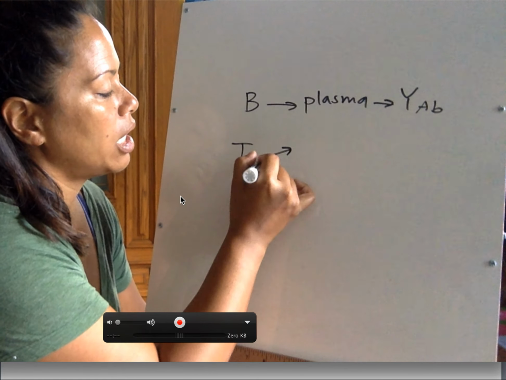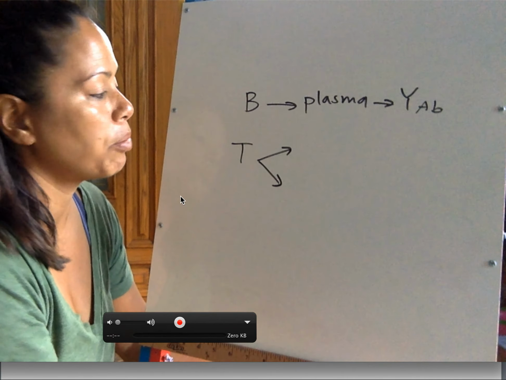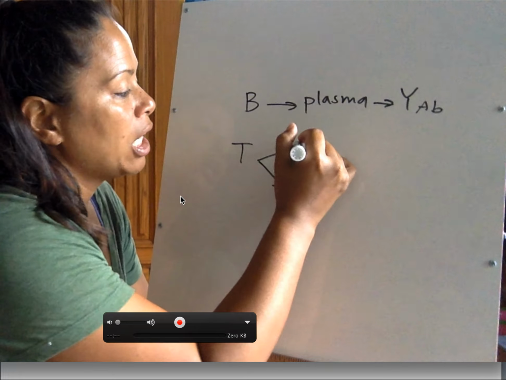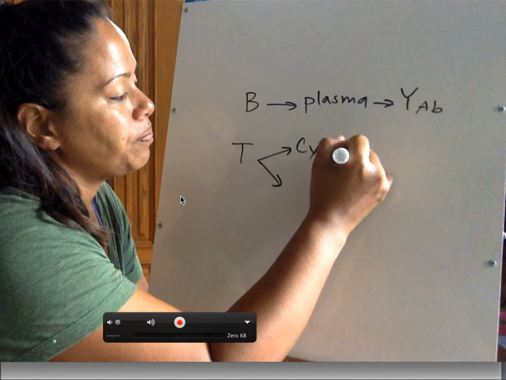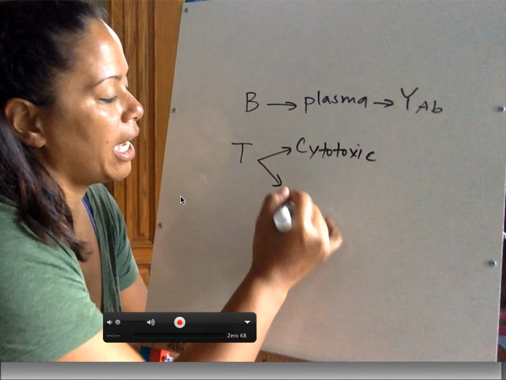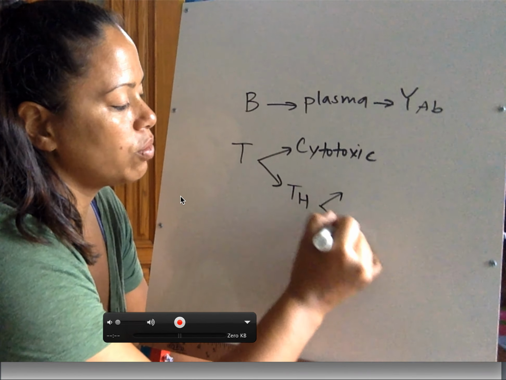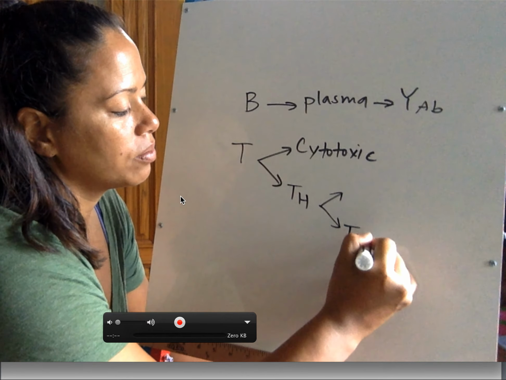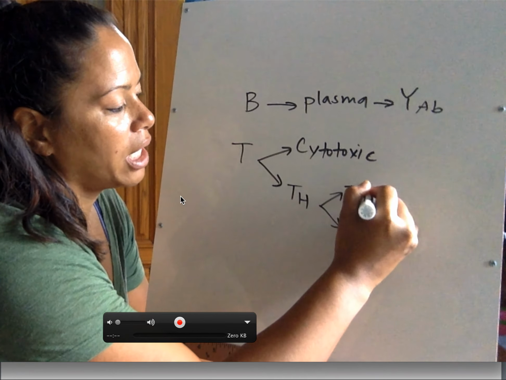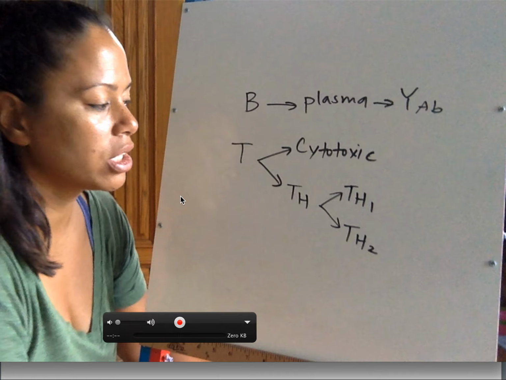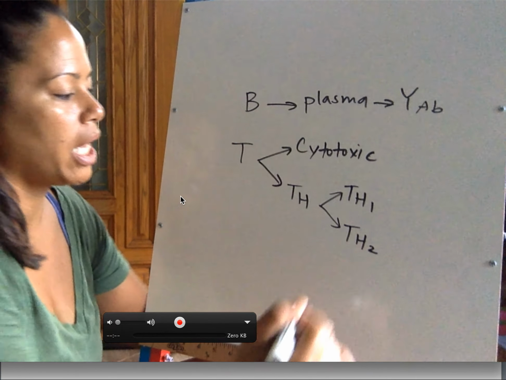Well, the two groupings that I want you to memorize for the lecture and for class include cytotoxic T cells and T helper cells. T helper cells have two types: there's Th1 and Th2. And Th1 and Th2 actually do activate.